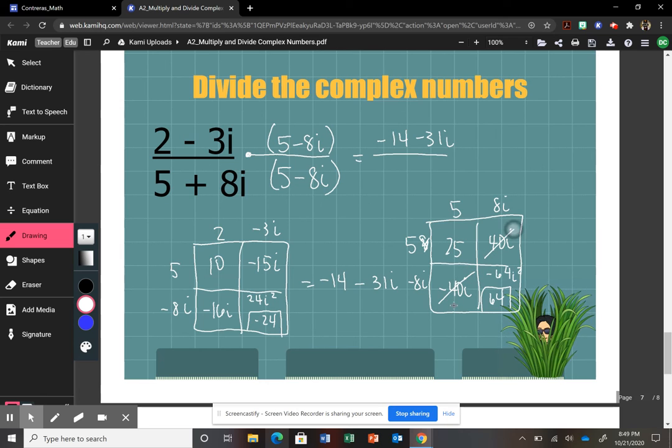These two cancel. Then I have an 89. I still have to write this in a plus bi form. So I have negative 14 over 89 minus 31 over 89i.